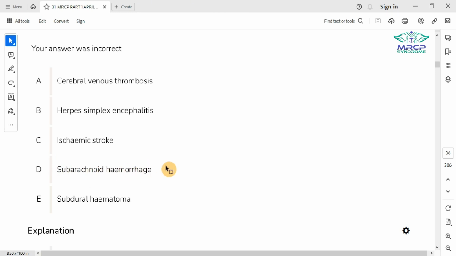Subarachnoid hemorrhage, they usually come up with the thunderclap headache, worst headache of their life, usually involving the occipital zone. They will also come up with an acute presentation. Subdural hematoma, this is more commonly seen in the elderly patient. There will be a history of chronic alcoholism. The typical features would be a history of frequent falls, and they will come up with features of fluctuating consciousness.